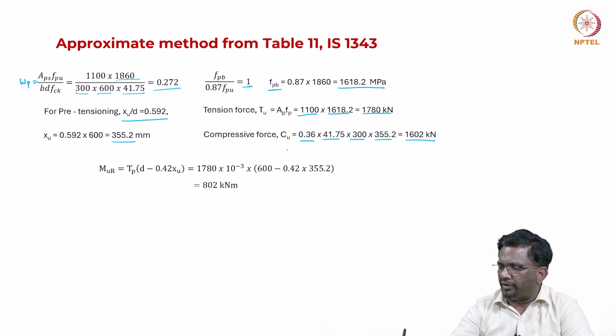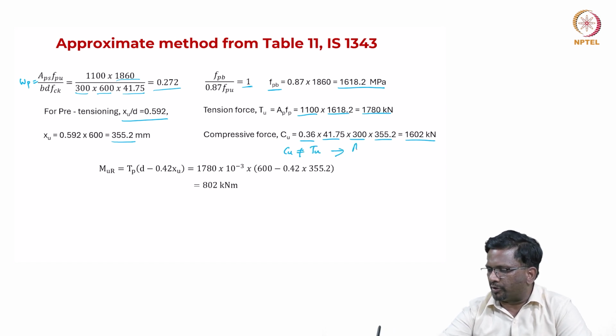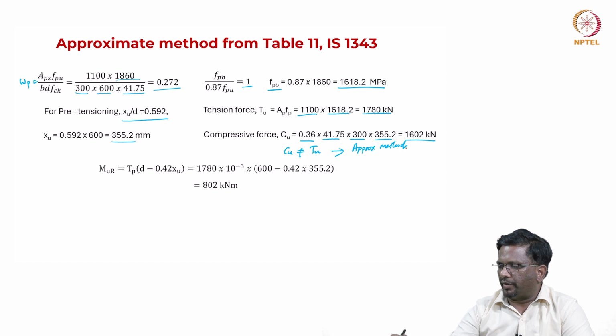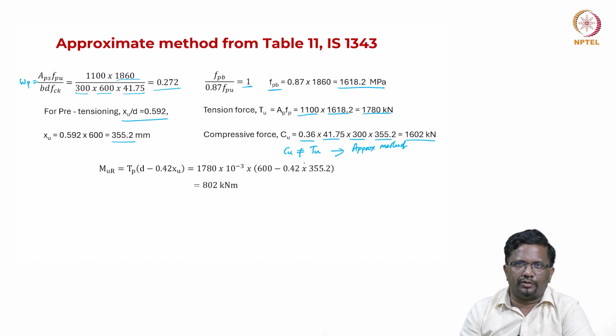You see here Cu is actually not equal to Tu. If I use the approximate method, you can find that because it is done in a very simplified way, if I put all these values, we are not getting the equilibrium satisfied.